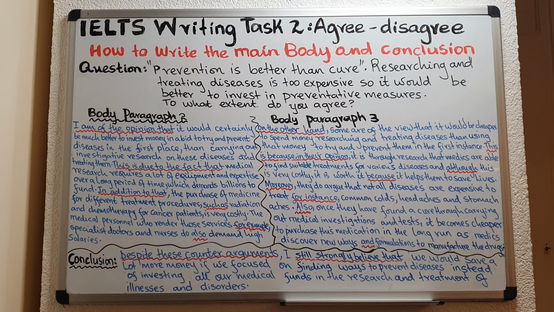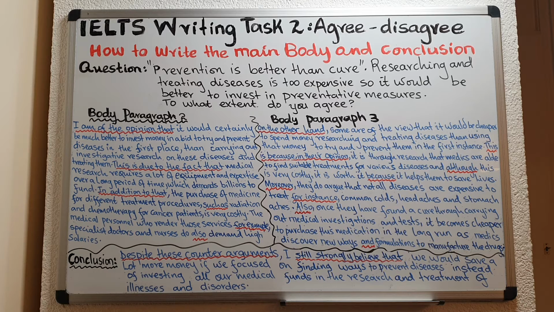And then I move on to the third point. Also, I use the linking word also. Once they have found a cure through carrying out medical investigations and tests, it becomes cheaper to purchase this medication in the long run as medics discover new ways and formulations to manufacture the drugs.